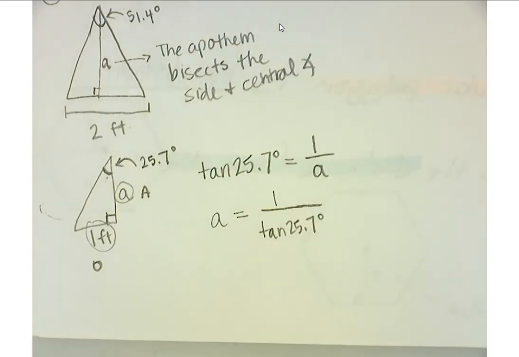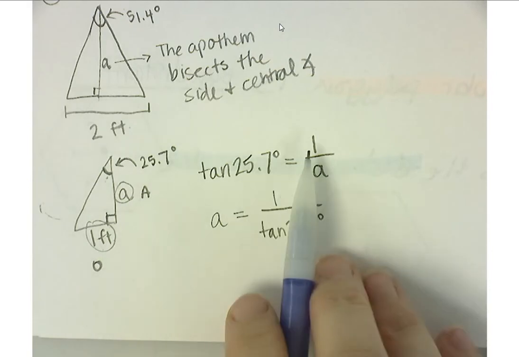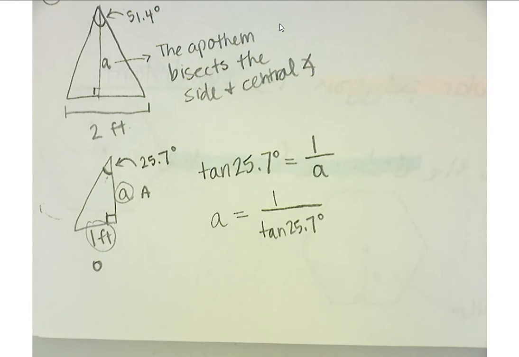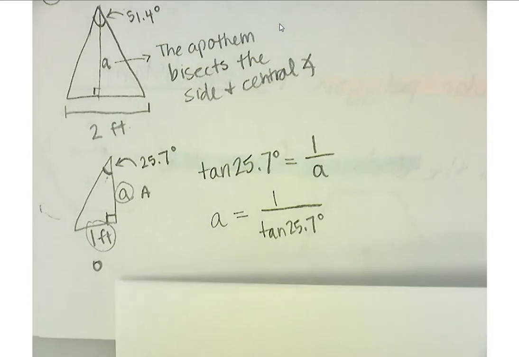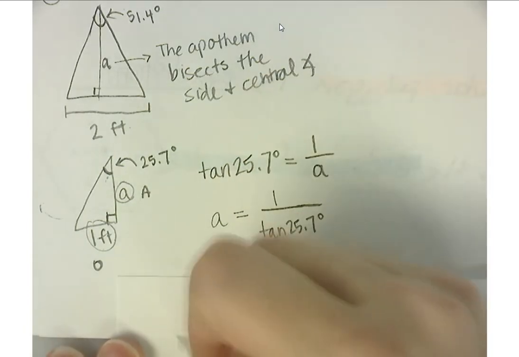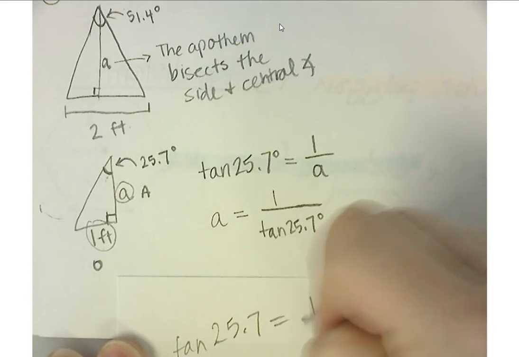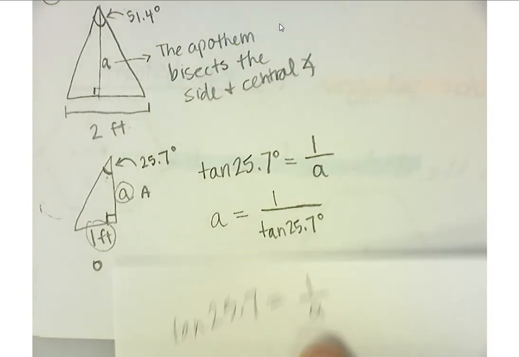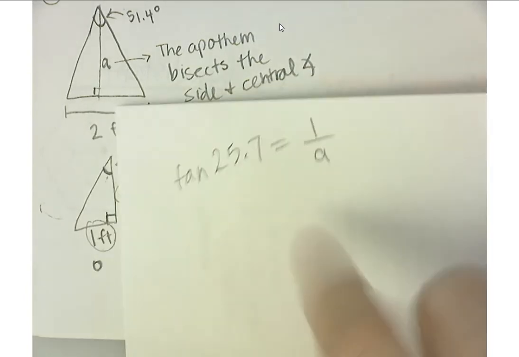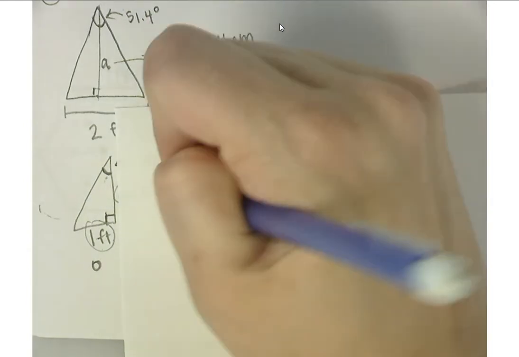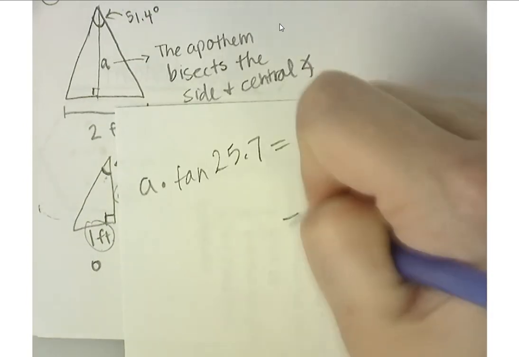Remember, if the variable's on top, you multiply. If the variable's on the bottom, you divide. Some of you look unsure about that, so I'll write it out for you first. If I'm solving for A, A's in the denominator. I multiply both sides by A, and on this side I get 1.